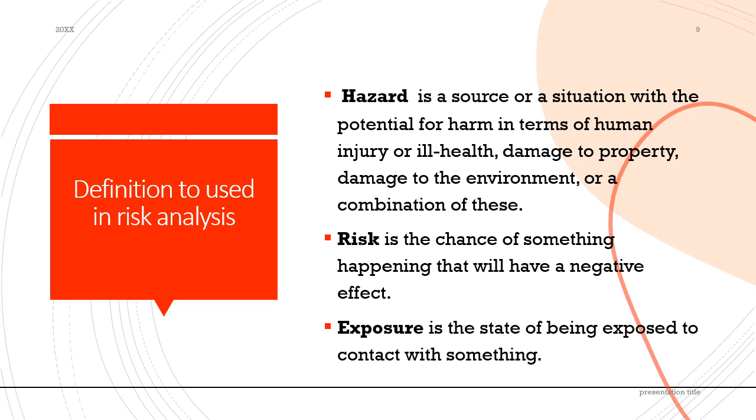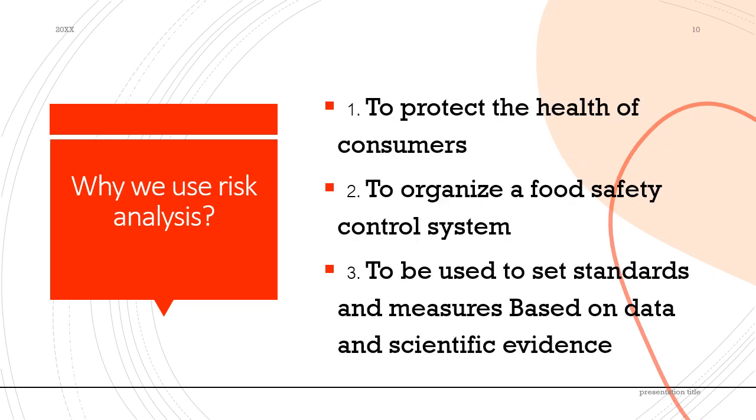Risk is the chance of something happening that will have a negative or adverse effect, representing whether it affects humans or animals or not. And exposure is the state of being exposed to contact with something.